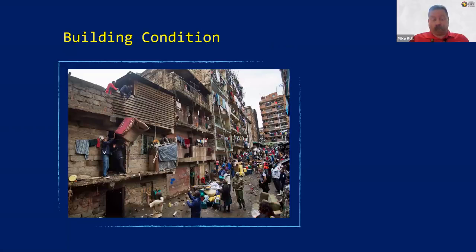Building condition. What's the condition of the building as we approach? We start to look at that. The building condition can really influence potential for structural collapse, right? As the building is subjected to fire, that can weaken the structural components.